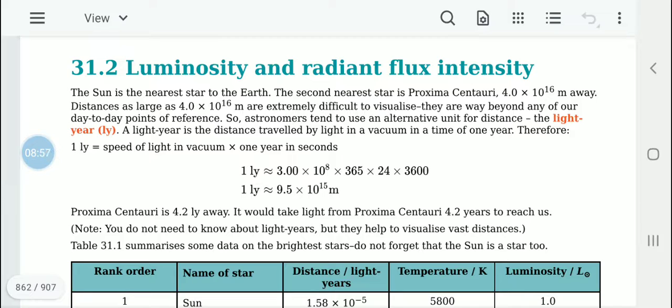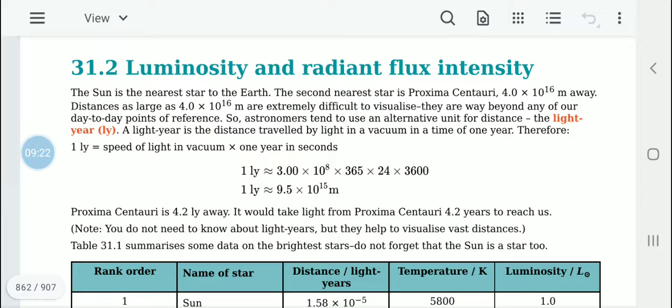A light year is the distance traveled by light in a vacuum in a time of 1 year. Therefore, 1 light year equals the speed of light in vacuum multiplied by 1 year in seconds. That is 1 ly equals 3 times 10 to the power 8, the speed of light in 1 second, multiplied by 1 year in seconds.